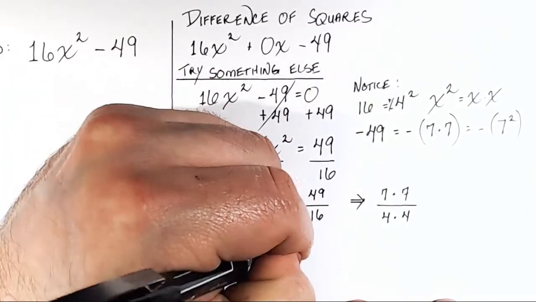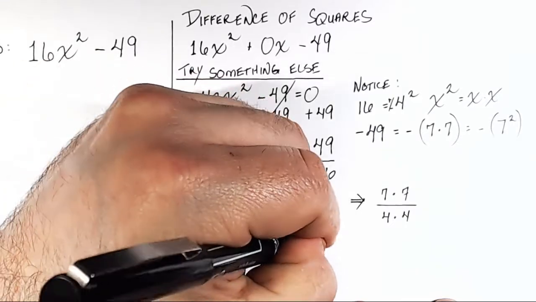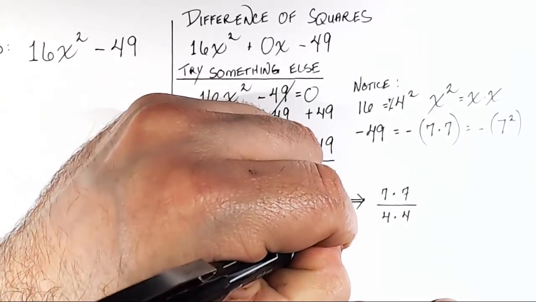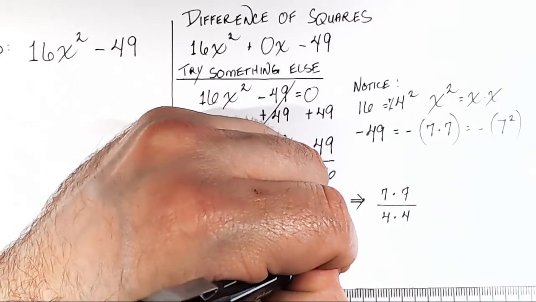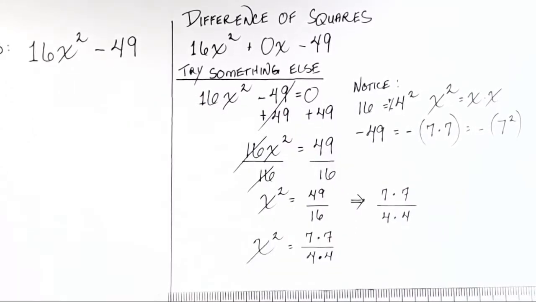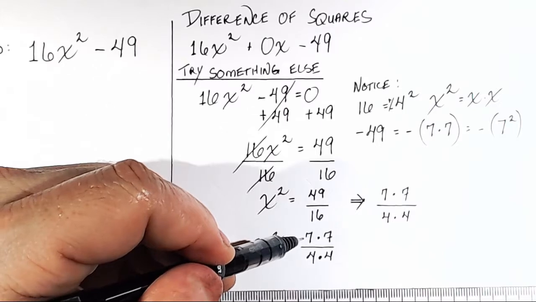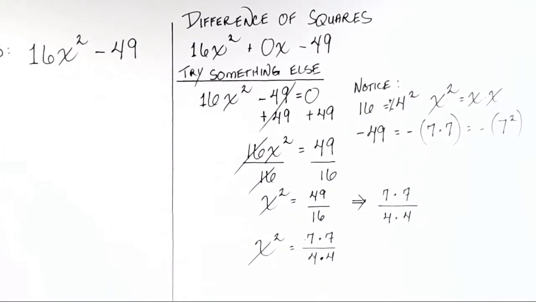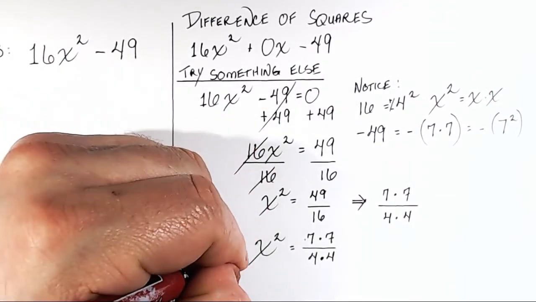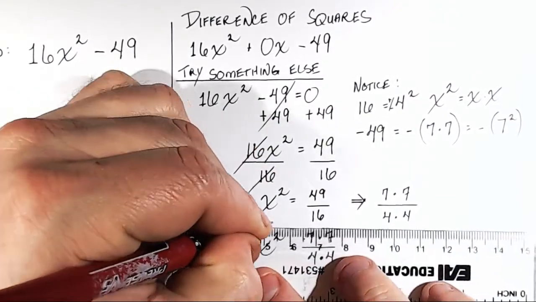X squared equals 7 times 7 divided by 4 times 4. I've just rewritten 49 as 7 and 7, and 16 as 4 and 4. Okay, so now I'm going to take the square root.